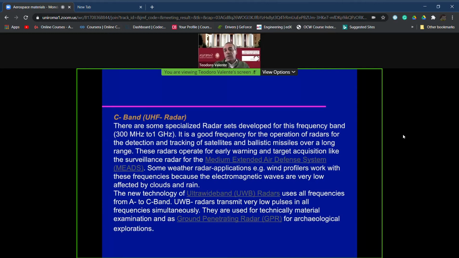They usually transmit very low pulses in all frequencies at the same time, that is simultaneously, and they are used for other purposes with respect to those we have just mentioned, for example, in the area of ground penetrating radar, the so-called GPR, for example, for archaeological exploration.